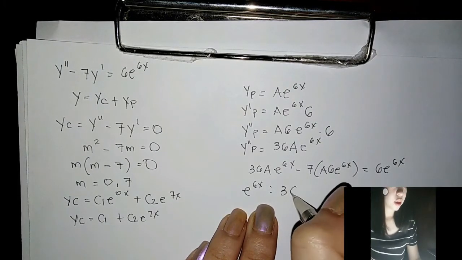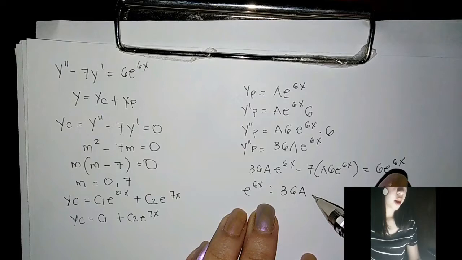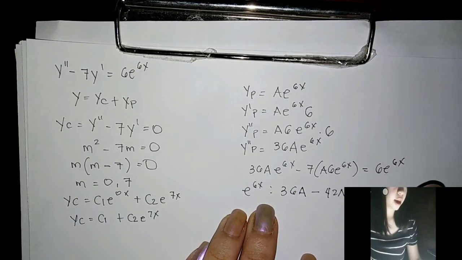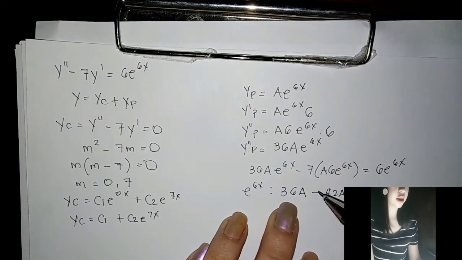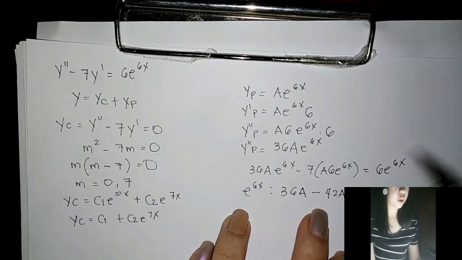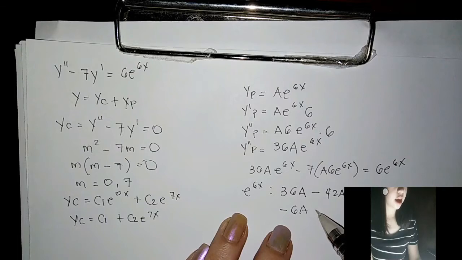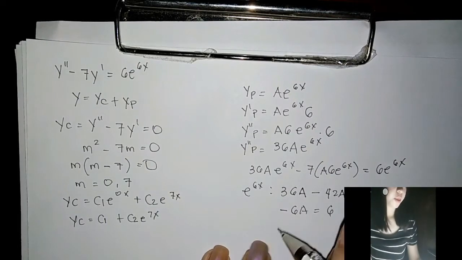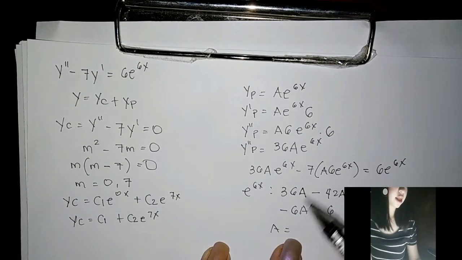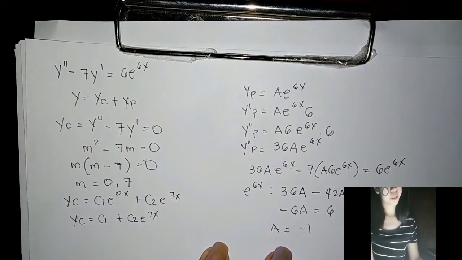So, 36a minus 42a is equals to 6. So, negative 6a is equals to 6. So, ang a natin is negative 1.